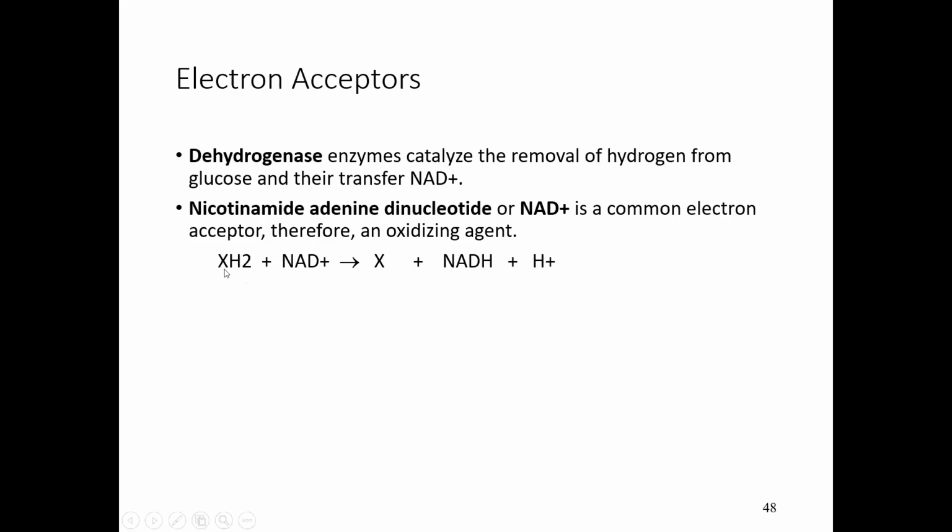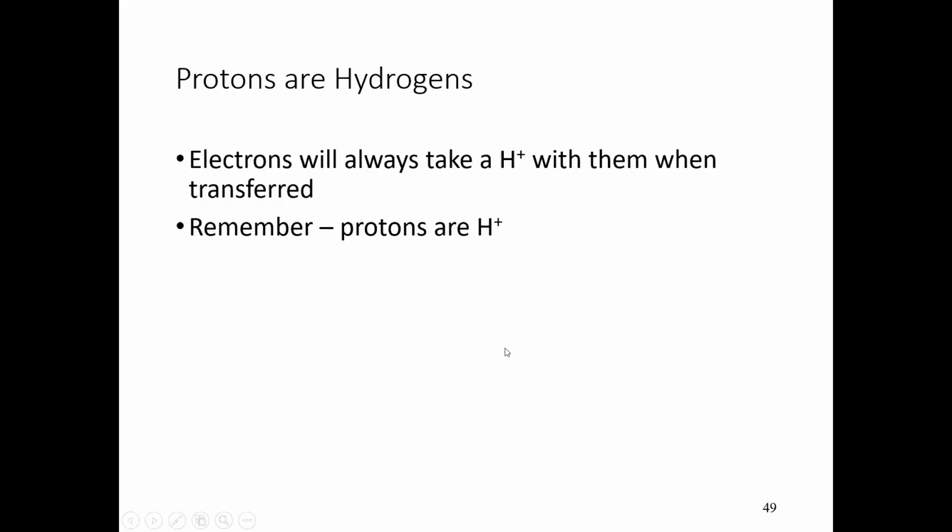So we have glucose over here with hydrogens, and in the presence of NAD plus, we are going to end up producing NADH plus an extra hydrogen out here. And that extra hydrogen wants to grab another electron. So protons are hydrogens. Hydrogens have positive charges.